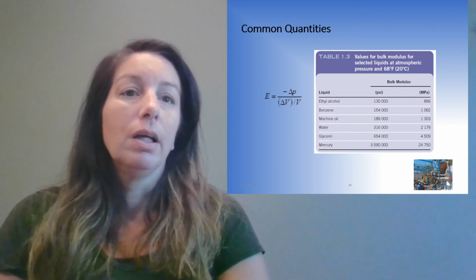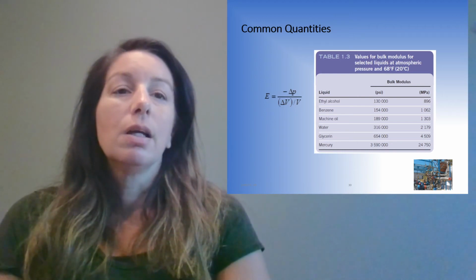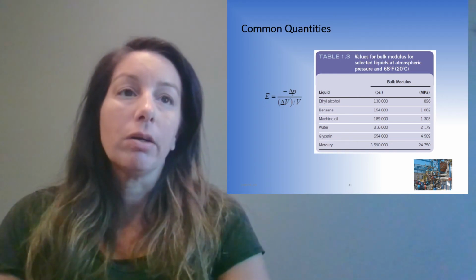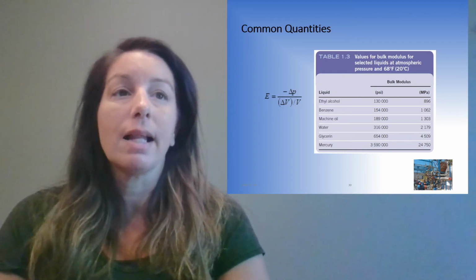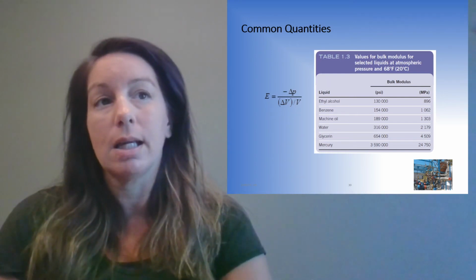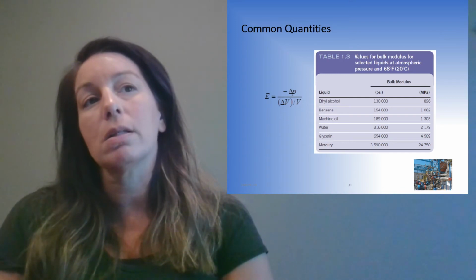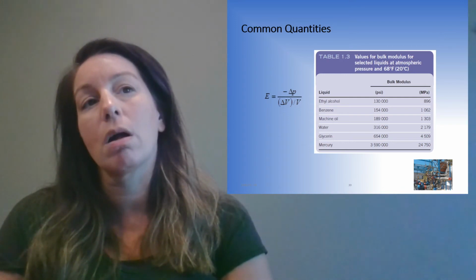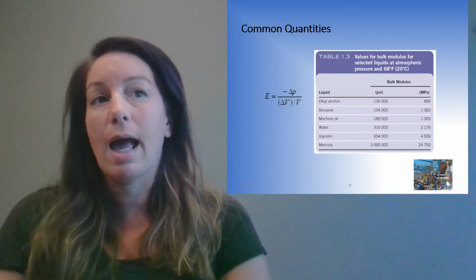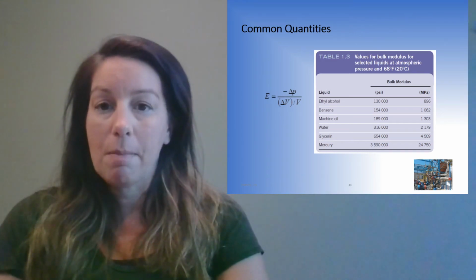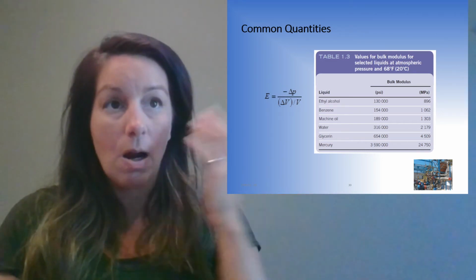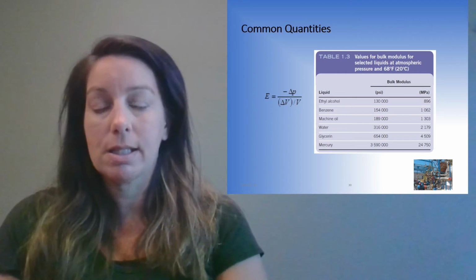Machine oil, water, glycerin, mercury, you can see that this happens to be at 20 degrees C. So this is the bulk modulus for different liquids at atmospheric pressure, so in the air, and at 20 degrees C.